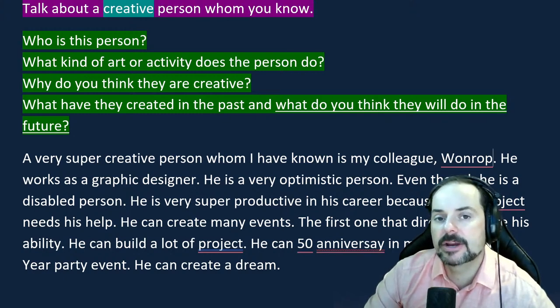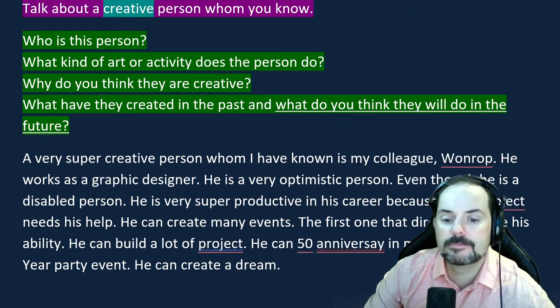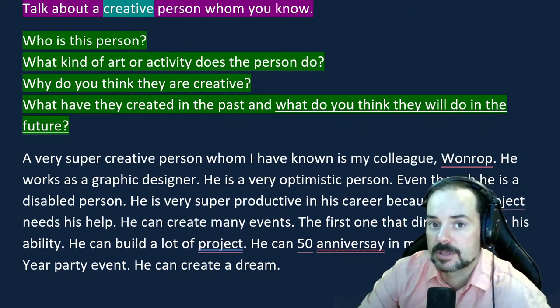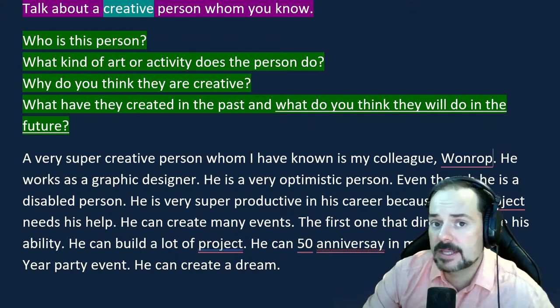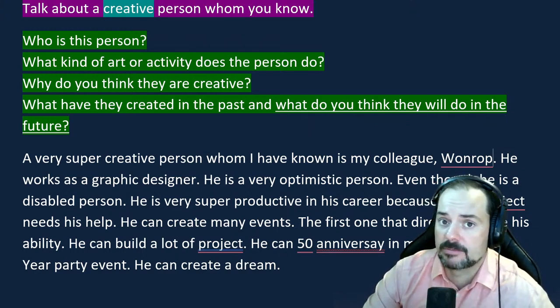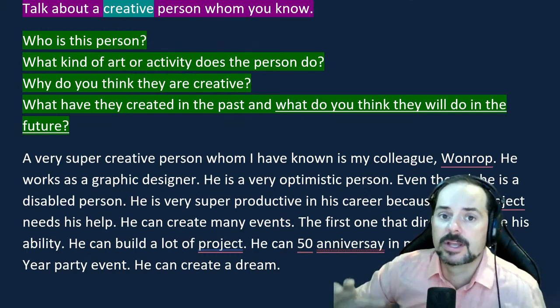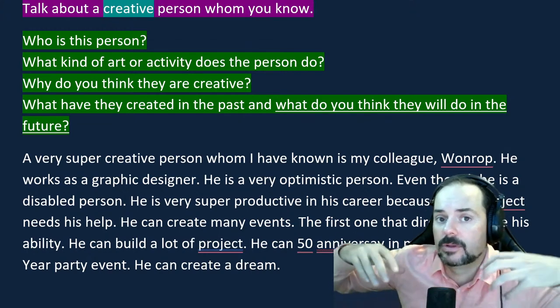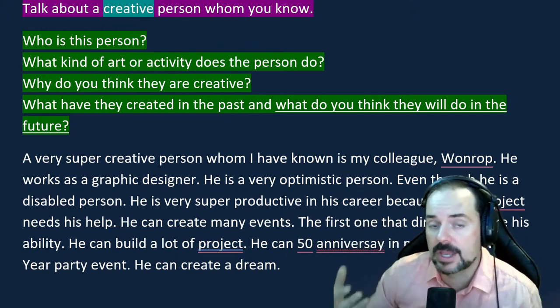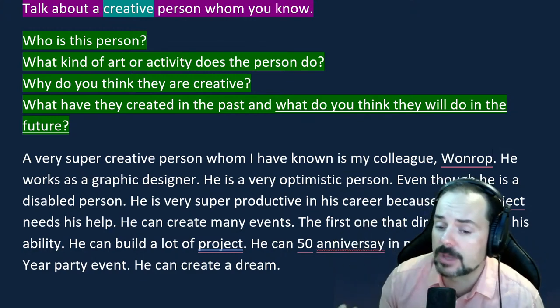You have to be careful not to make it too personal. So I know that you work with people with disabilities, and that's amazing. In the IELTS, however, make sure that you focus on the question, right? So don't make it about a person with disabilities being creative necessarily, but make it about a creative person.